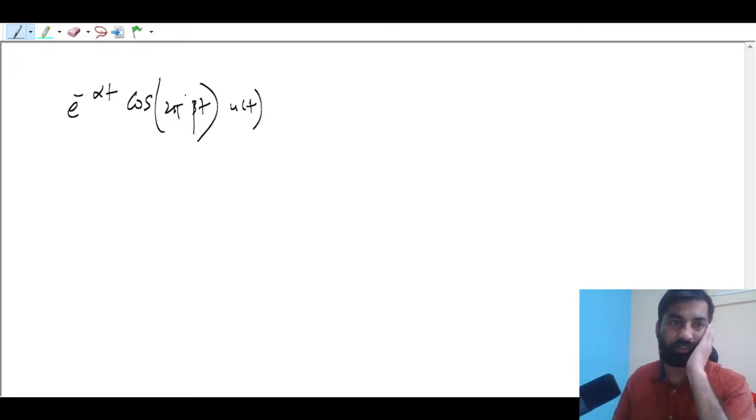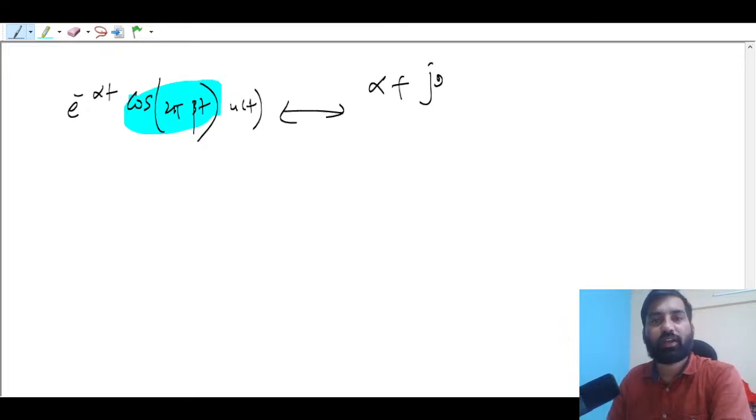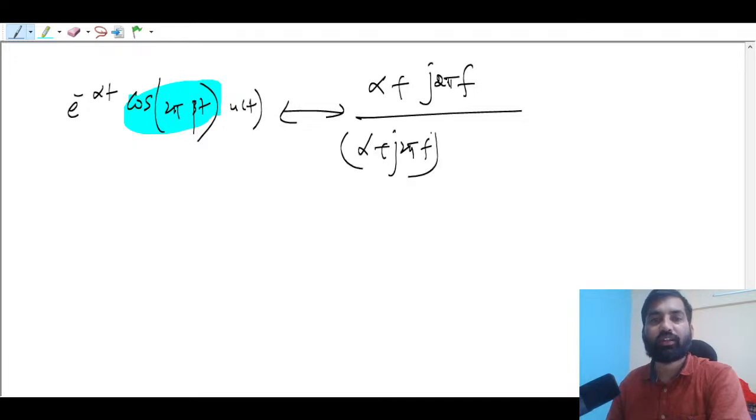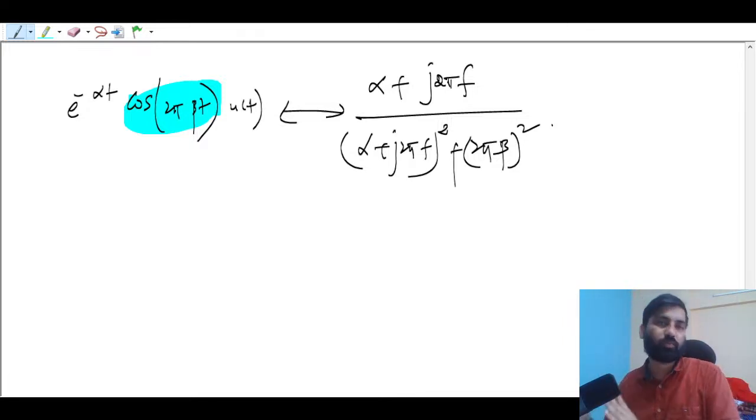There is a property: find out the Fourier transform of this and then shift by alpha. So the Fourier transform will be alpha plus j 2 pi f in the f domain upon alpha plus j 2 pi f whole square plus 2 pi beta whole square. Whatever is in the numerator, you have to write the same in the denominator and take the square plus 2 pi beta.